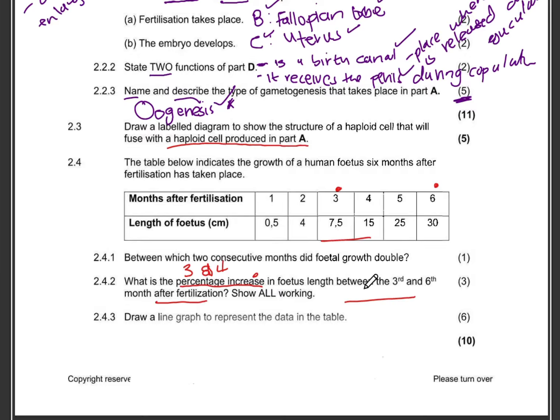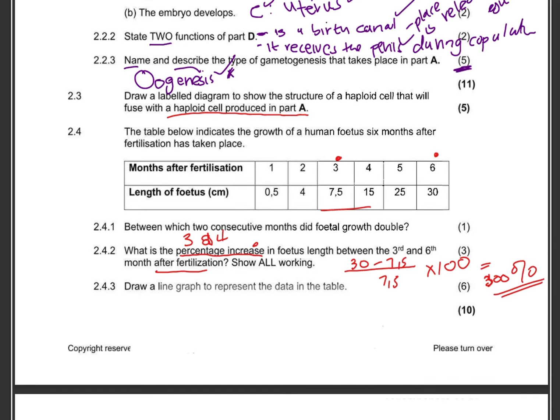The length is 30. Then month 3 is 7.5. Then we multiply that by 100 and we get our answer. Okay, 300%. Okay, last one.